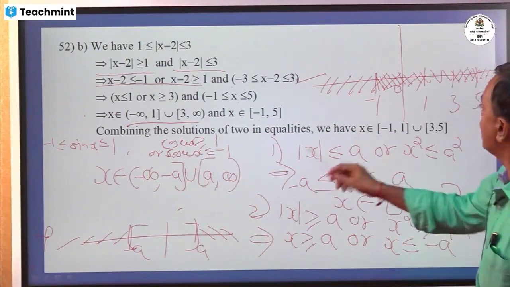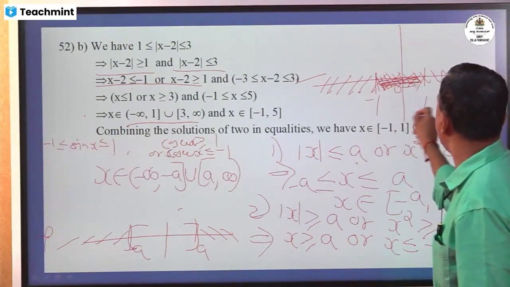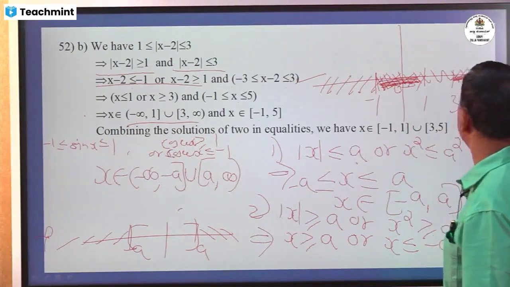So see which is the common region: this is the common region, this is the common region, correct?